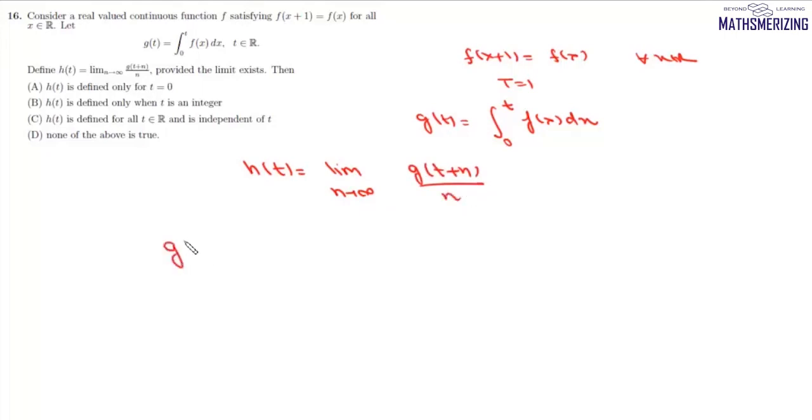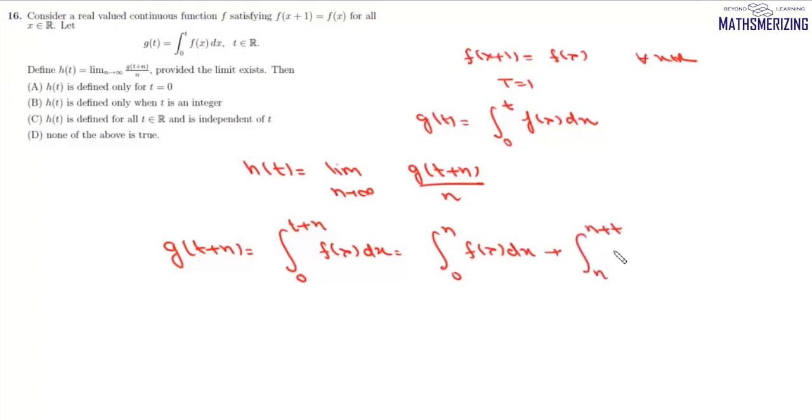Now if we look at g(t + n), it will be nothing but the integral from 0 to t + n of f(x) dx. Now we can write this as this integral from 0 to n of f(x) dx plus the integral from n to n + t of f(x) dx.